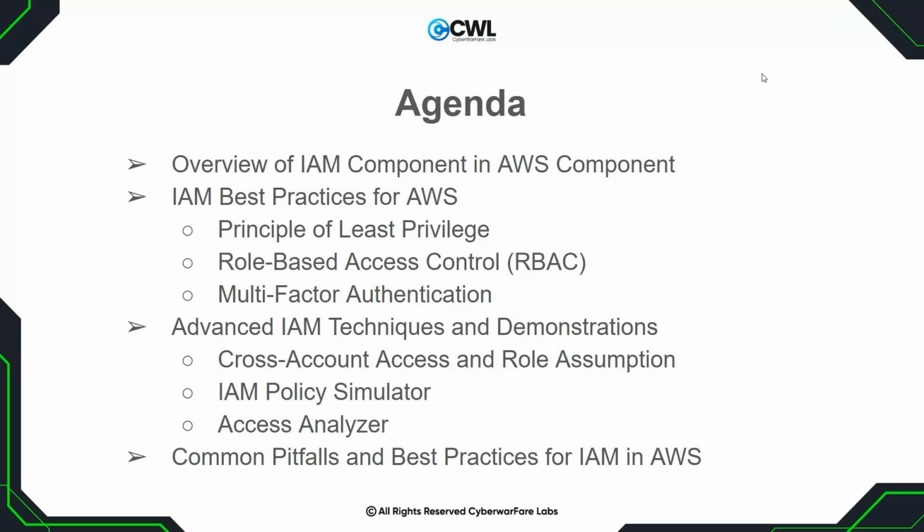First, we have cross-account access and role assumption. Organizations can create multiple accounts for the smooth working of operations, so we will see what we can do to set up access among all these accounts.